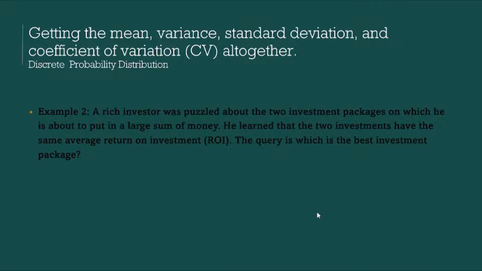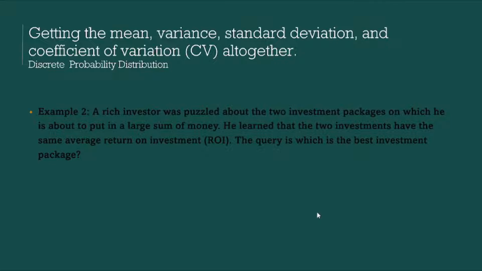I think you haven't been taught this yet. I'll teach you the coefficient of variation in the examples I'm going to show you, because we can't get the coefficient of variation without getting the mean and the variance, same as the standard deviation.